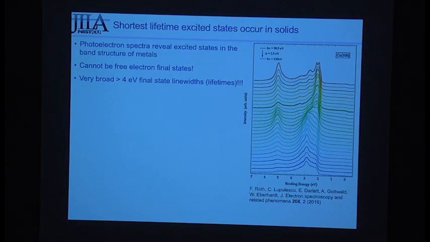But first of all, what can we look at? There are excited states in the band structure of materials that are not normally occupied. Photoemission folks know about these excited states because they stay away from them like the plague, because in photoemission we're trying to look at the energy distribution of electrons that come from, you would think, the normally occupied states.